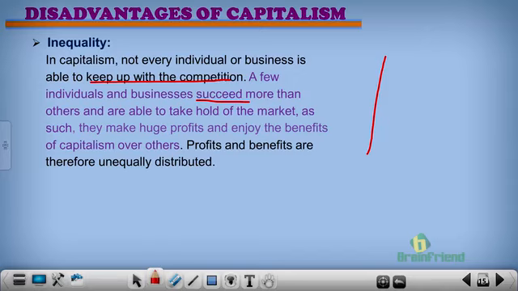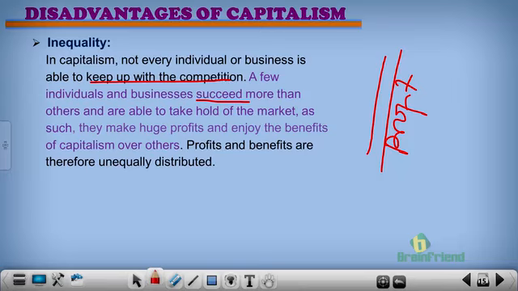So the success they've achieved enables them to have a huge profit and gives them the room to enjoy the benefit of capitalism, which tells you that some people can have high profits, the other people can have low, and nobody is concerned. Unlike a system where the government runs things and ensures that the gap is not too much and everybody has a relatively equal income.